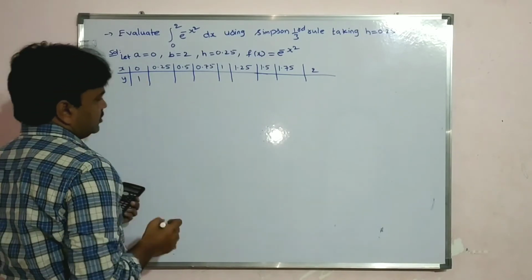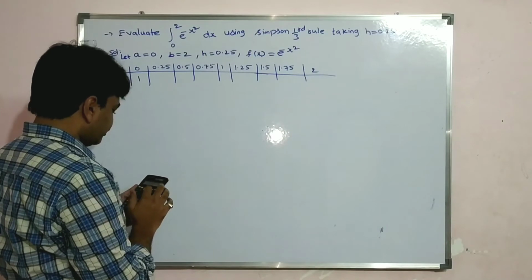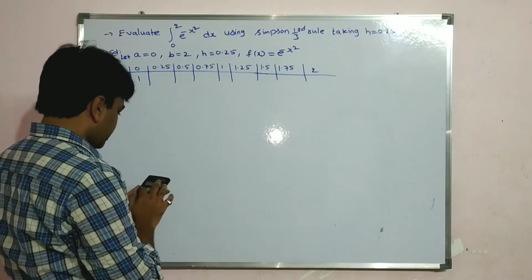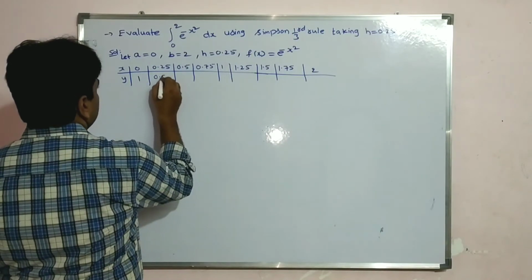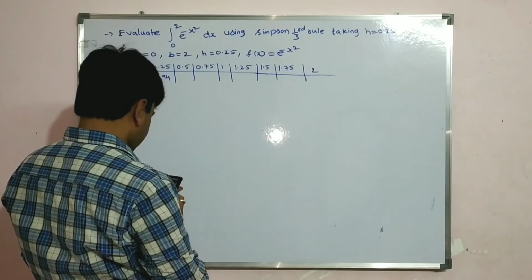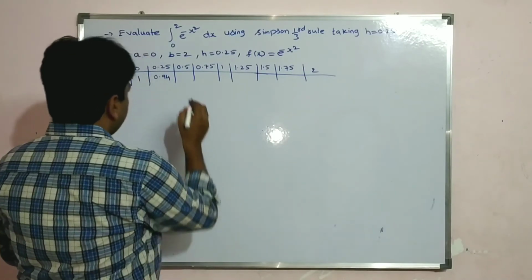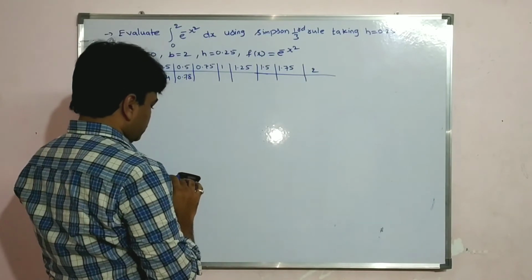E power 0 is always 1. Now 0.25 x square, we get 0.94, and then 0.5, we get 0.78.